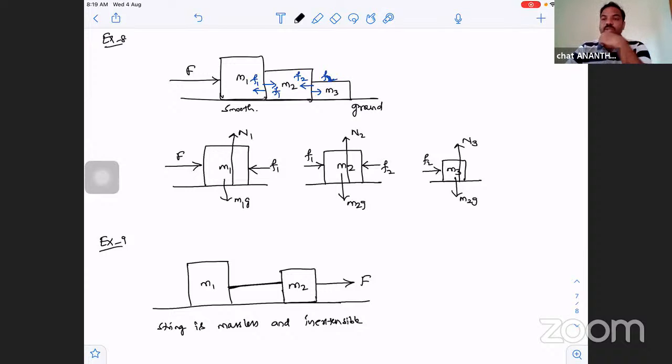As strings are there, what force will be included? Tension force will be included.